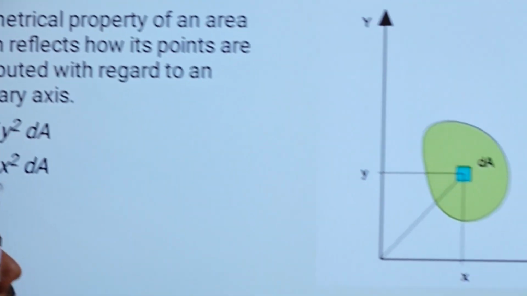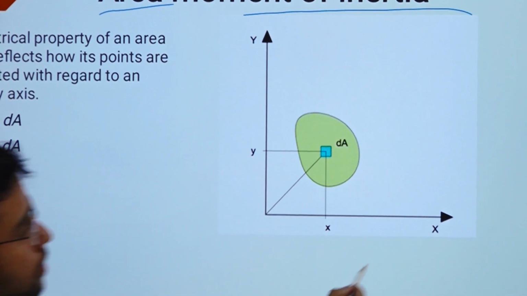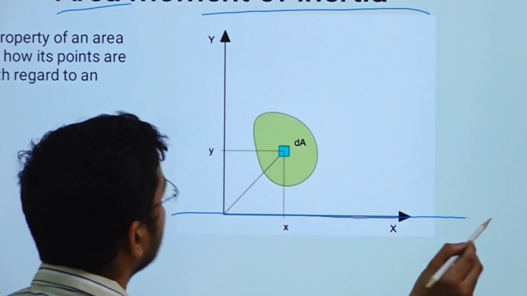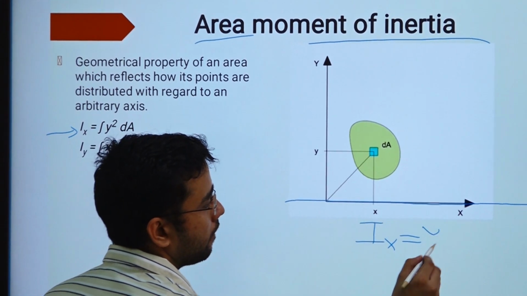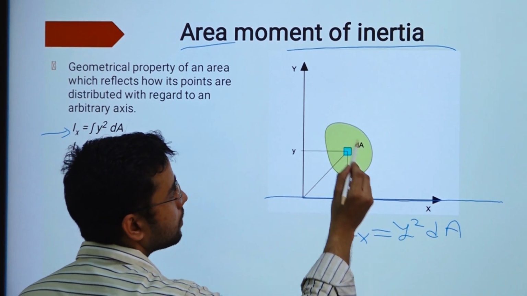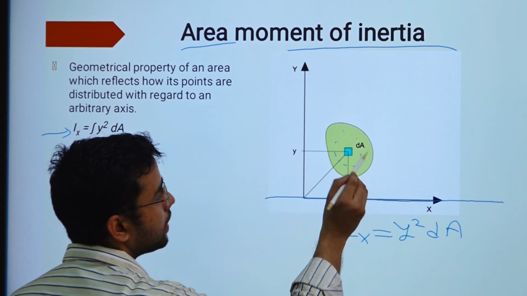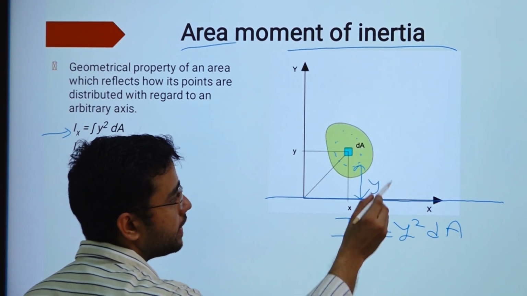Area moment of inertia always depends upon the axis. So about this axis, the area moment of inertia will be y square dA, where y is the distance from all the points. That's why we are doing integration, these y are a variable quantity.